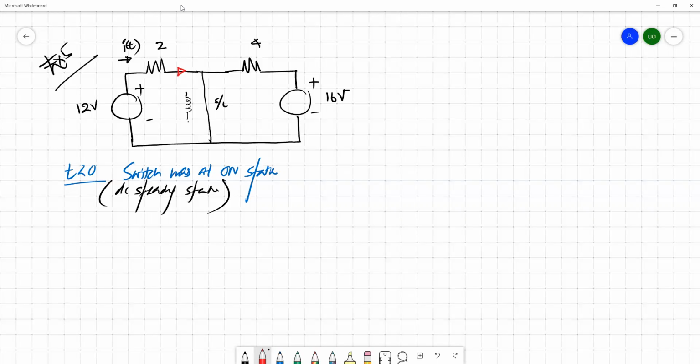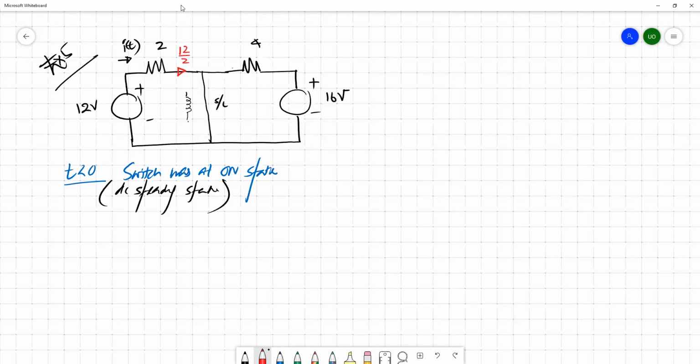It's actually 12 divided by 2. This is a 0 potential. Here you have 12 volt, this is ideally 0 volt. So the current flow through the resistor is 12 divided by 2, voltage divided by the resistance. So it basically flows through the short circuit part.